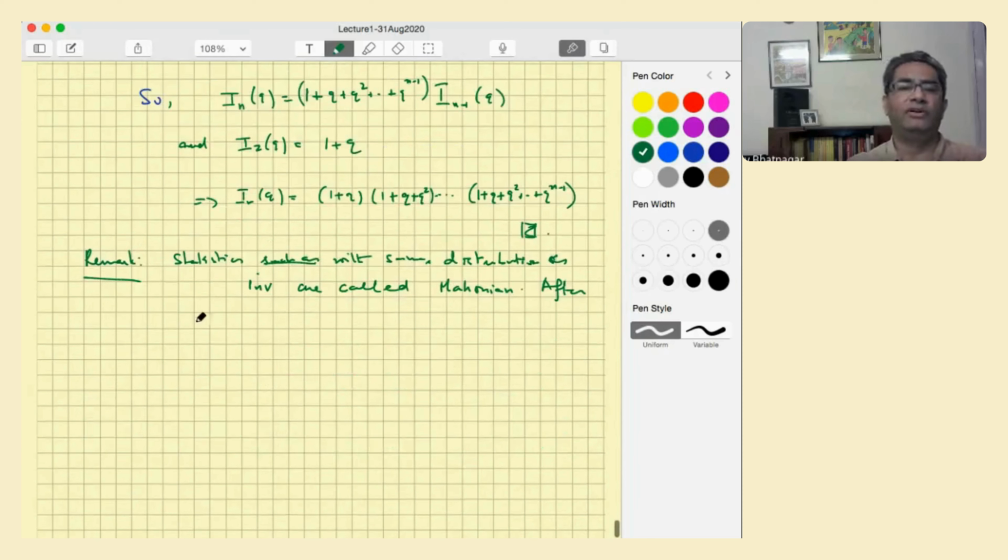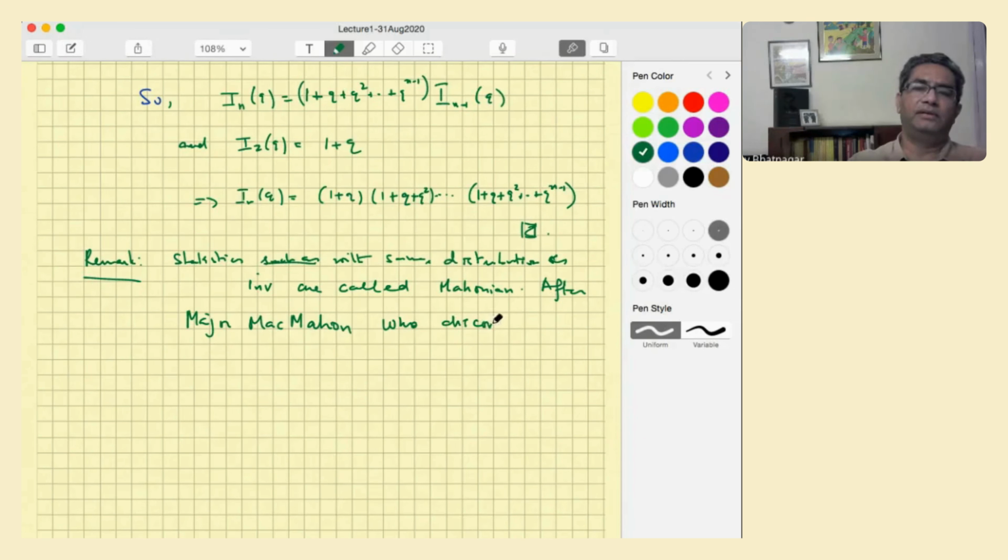This is named after Major MacMahon, who discovered several.